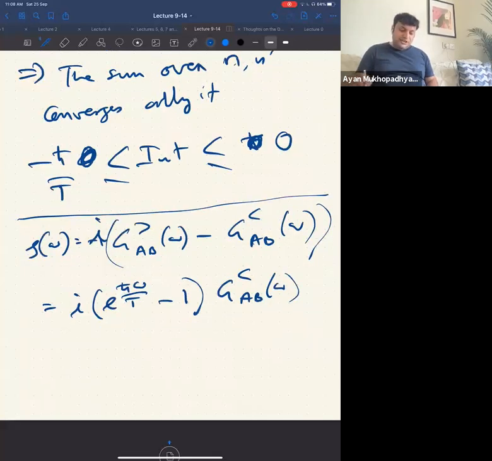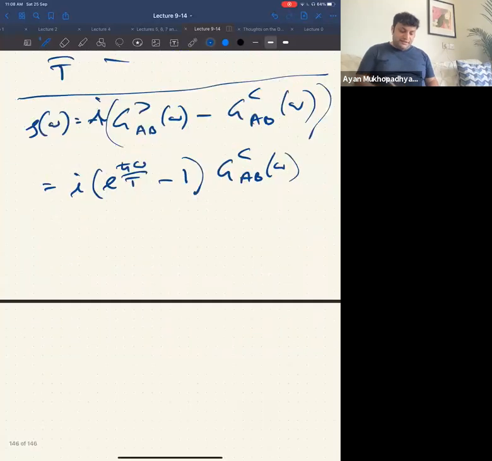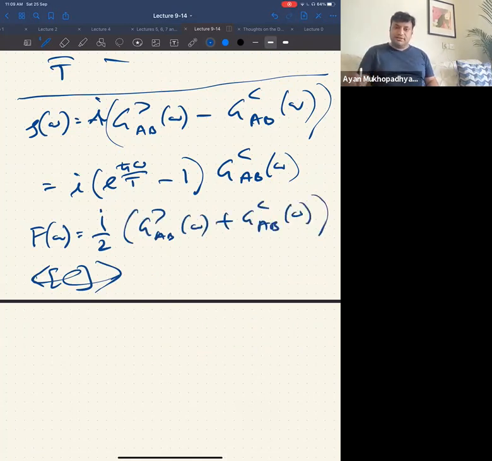Now, if I look into this anti-commutator F of omega, I can also do the same thing. So remember, the commutator is simply this thing, and the anti-commutator has the overall factor of half, and then there is again i by 2, G greater AB omega plus G less AB omega by definition. This is the anti-commutator, right? Then again I can use this.